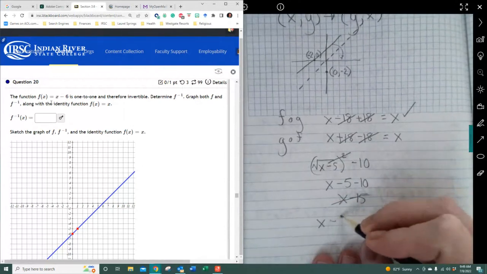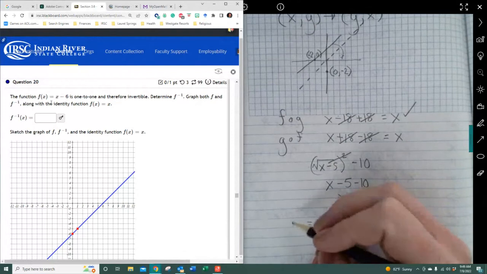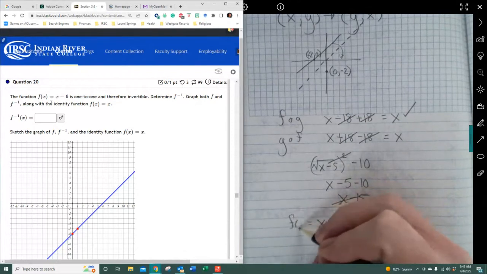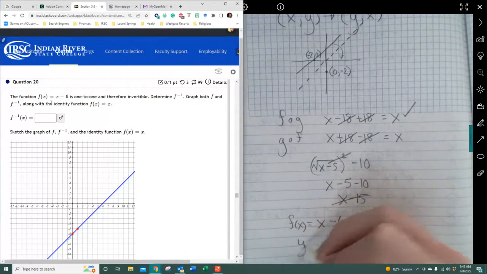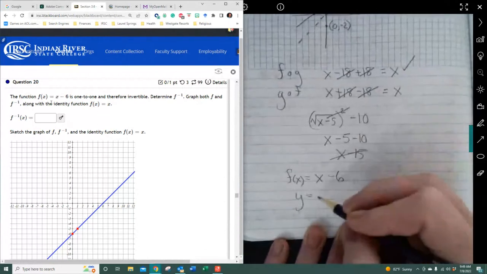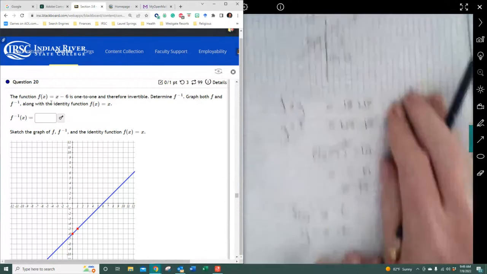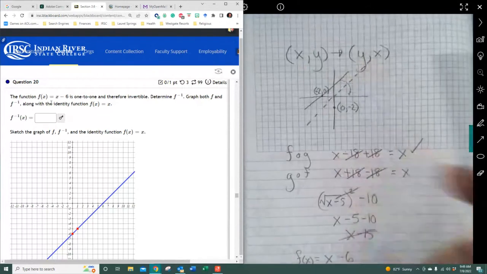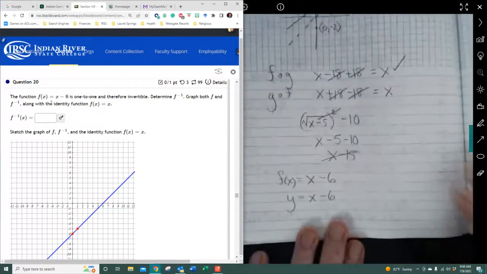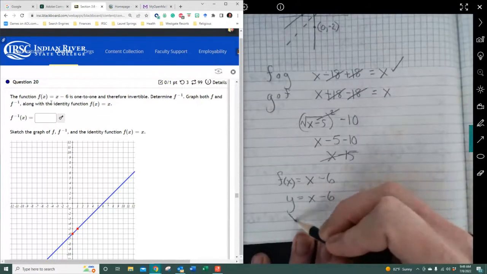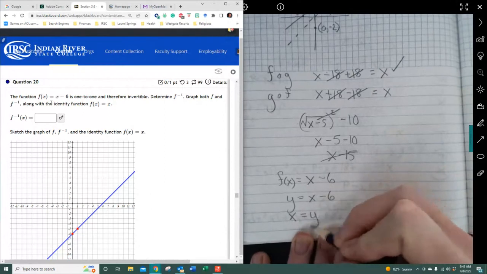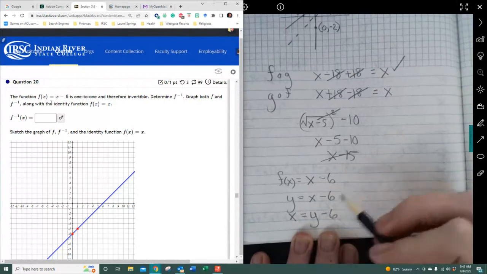Now, the way you do that is a process where you represent f of x as y. Then you switch x and y, because that's what you're doing anyway. So you switch it and you solve back for y. That's how you determine the inverse.